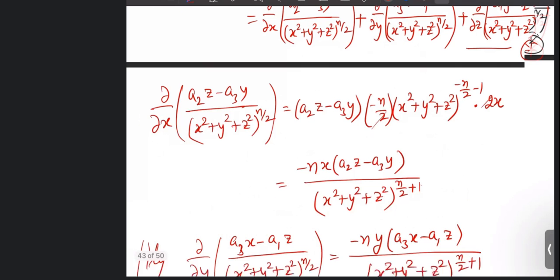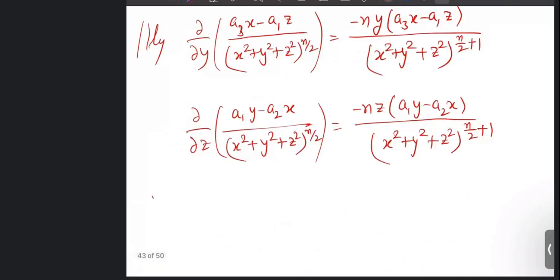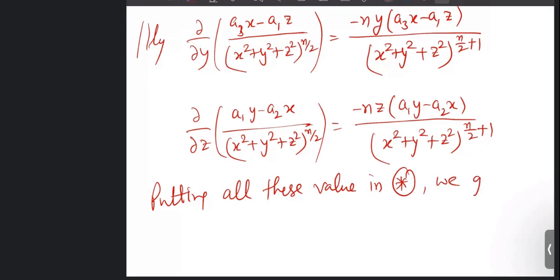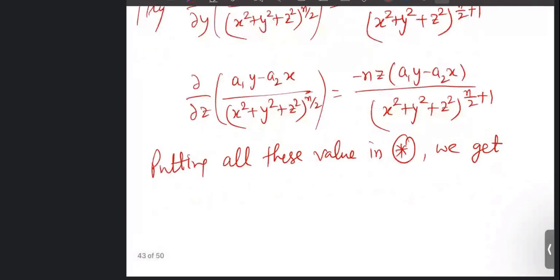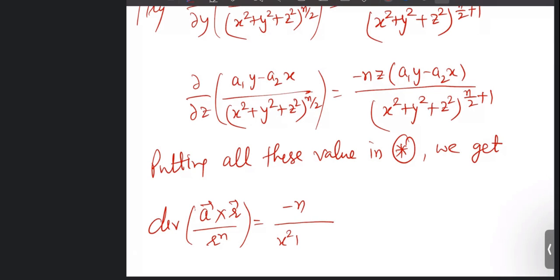Substituting all these values in the star, what we get is the divergence of a cross r divided by r to the power n will become minus n as a common, and one more term is considered as a common, that is (x square plus y square plus z square) raised to the power n by 2 plus 1.